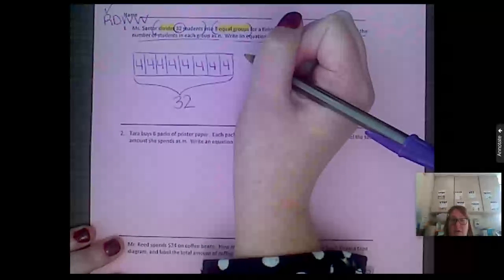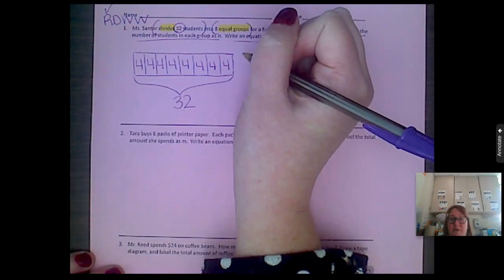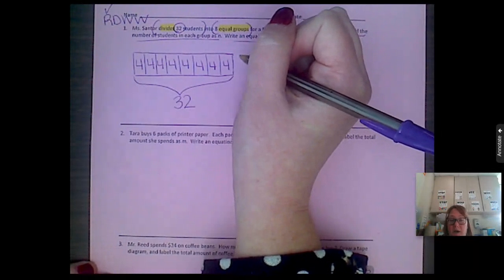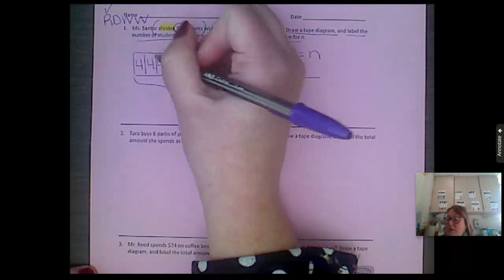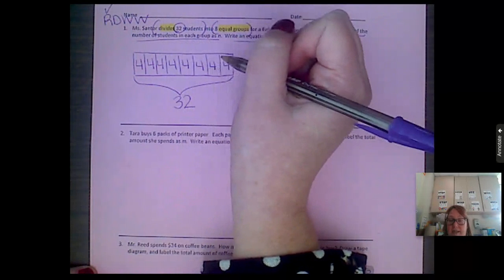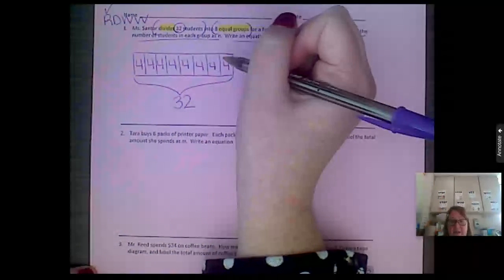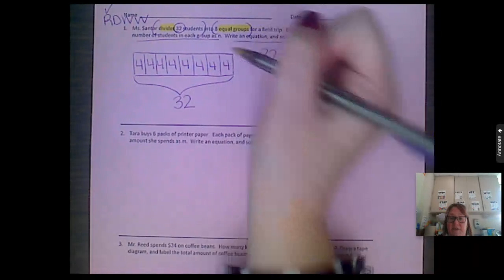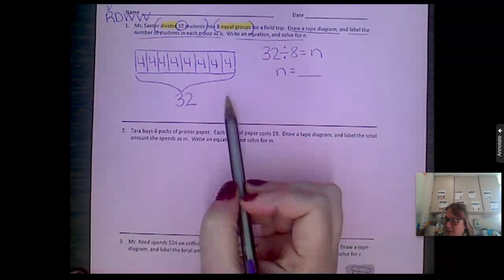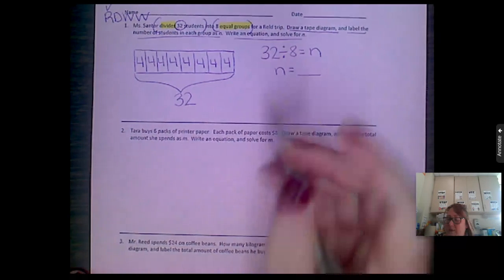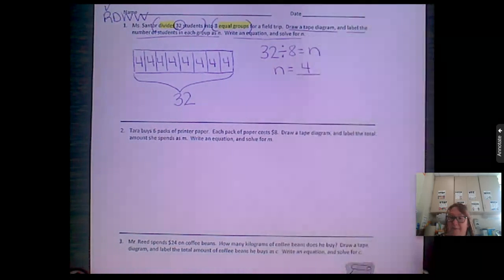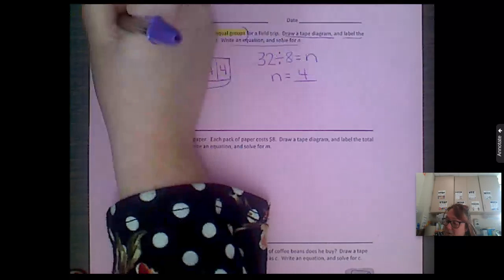Probably not, right? You want to use something that you are familiar with and comfortable with. And if you are not good at counting by your 8s yet, then you would want to put one circle in each group or a tally in each group and keep going back and doing that over and over again until you get to 32. Okay? So what does n equal? It equals 4.